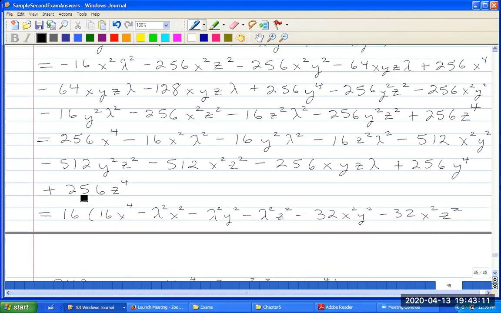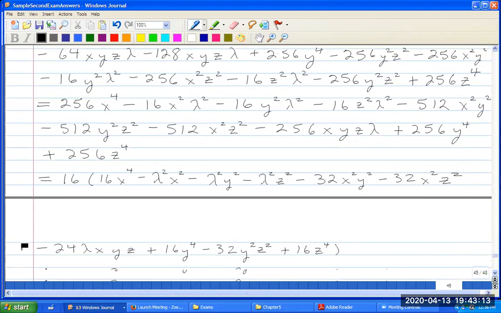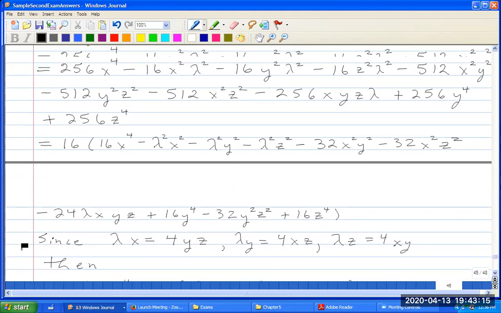You notice that there are things in common you can factor out, such as a 16. Then use some of the above conditions. You had that 4zy minus xz, lambda x was 0. And so you actually had these 3 conditions from when the first partials, when the gradient was 0.